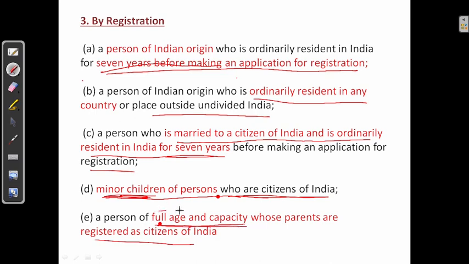Full age is nothing but major. Okay, they are not minor, they are major. And full capacity is nothing but they are not mentally ill. Okay, they are not mentally ill. So the persons of full age and capacity whose parents are registered as citizens of India also will get the citizenship.